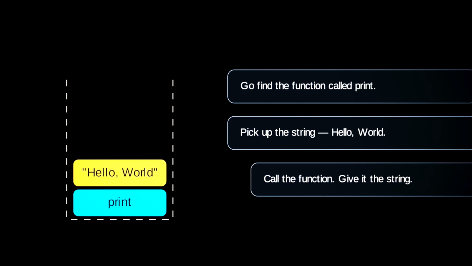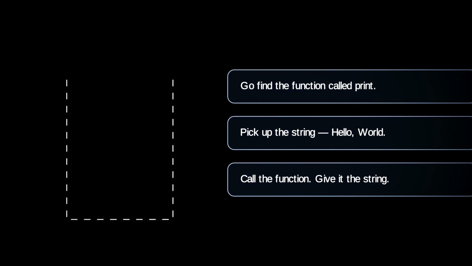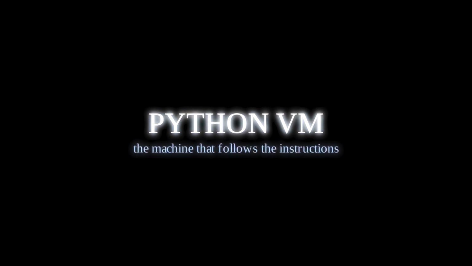Next, call the function. Take both plates off the pile and go. That's it. That's what executing code actually looks like on the inside. Programmers have a name for this machine. It's called the Python VM, the Python virtual machine. Every instruction in your bytecode passes through it before anything leaves Python's world.